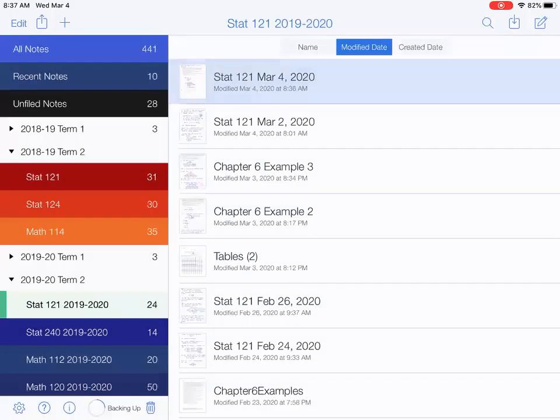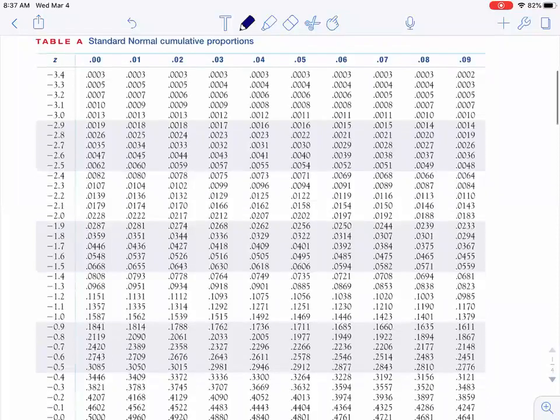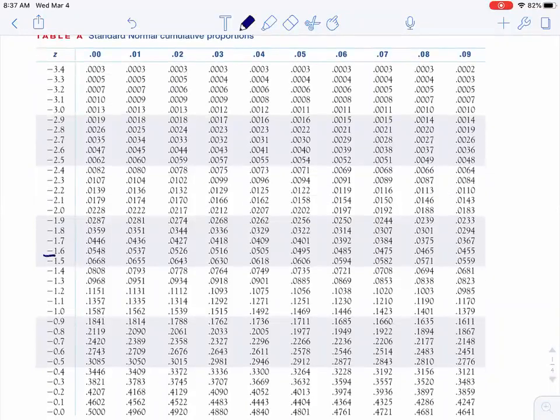Okay. So now we can go to our z-table. And negative 1.6 is here. And if you don't have a copy of the z-table, I've got extras up here. Negative 1.6, what was the second decimal? 5, thank you.